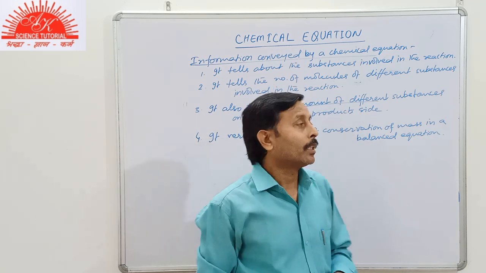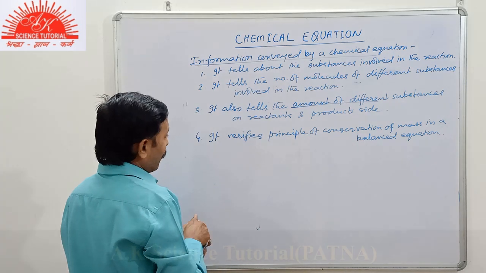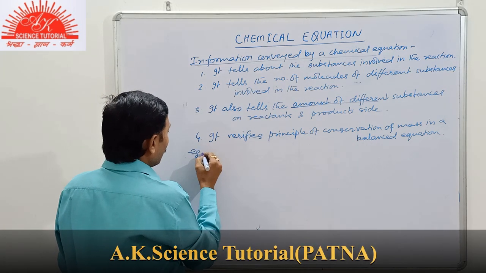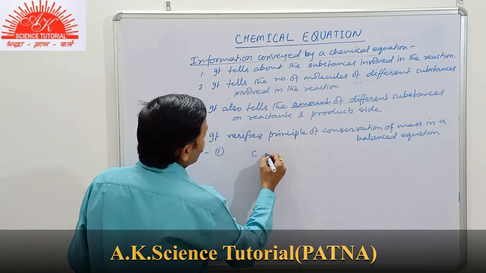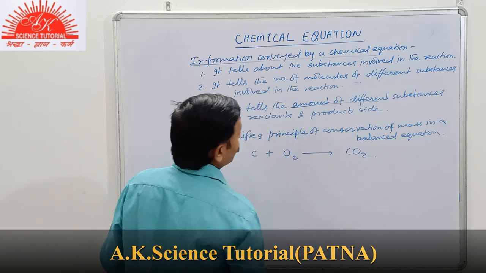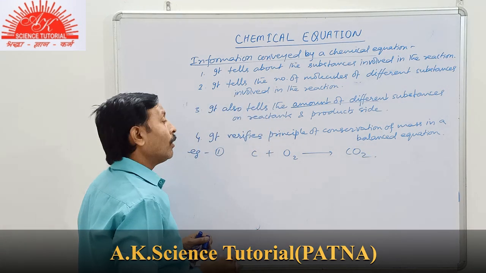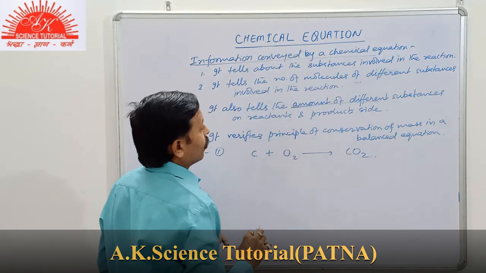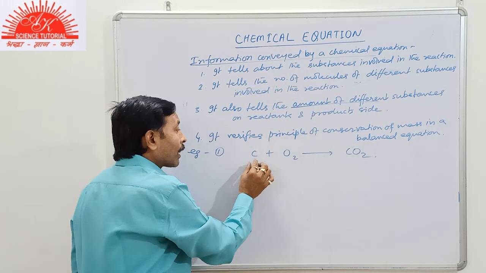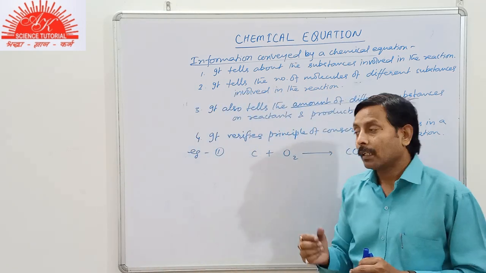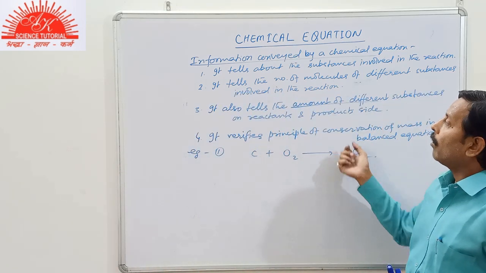For example, suppose we take the example C + O2 gives CO2. Now you see, the first point: it tells about the substances involved, that is, carbon and oxygen react to produce carbon dioxide.